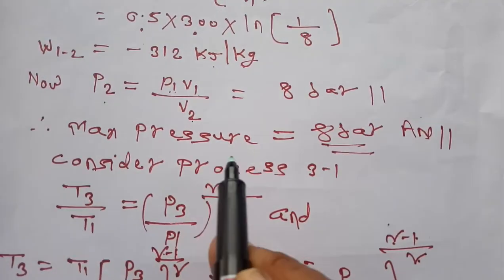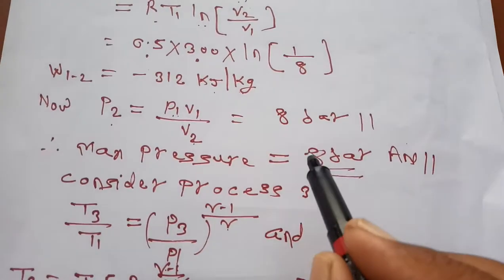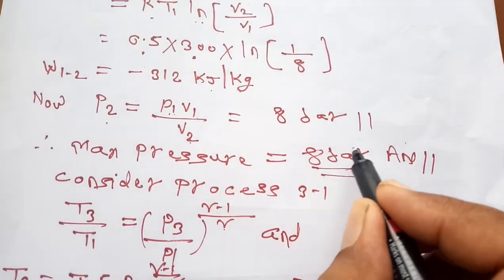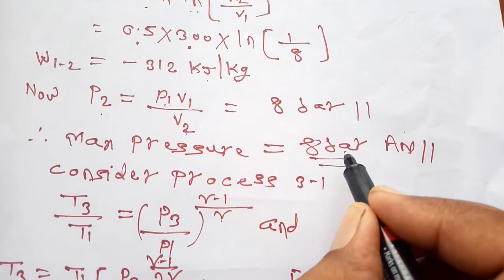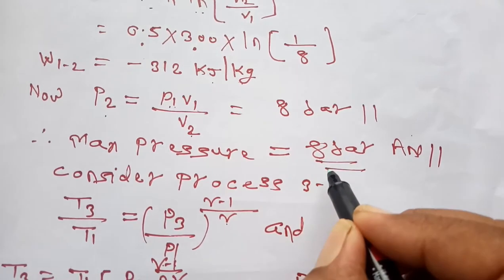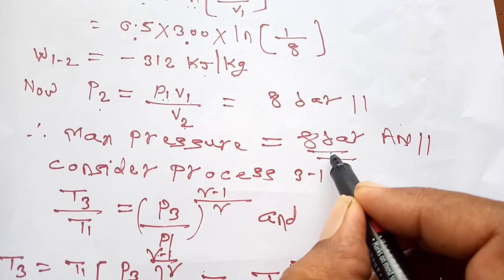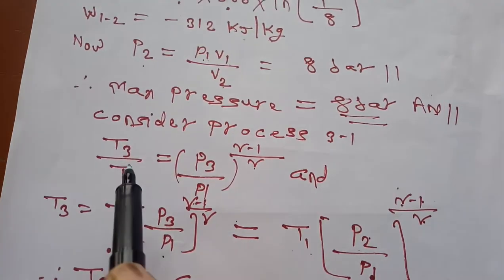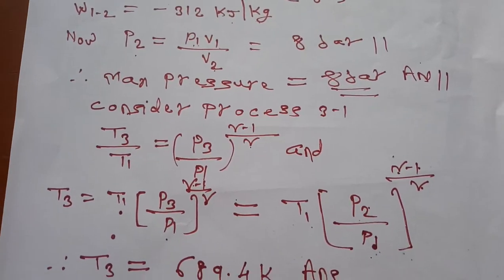Therefore maximum pressure, as P2 is equal to P3. So P3 is the maximum pressure, or P2, that process 2 to 3 is the constant pressure process. So P2 is equal to P3 and maximum pressure is 8 bar. Now consider the process 3-1 to calculate the maximum temperature in the cycle.